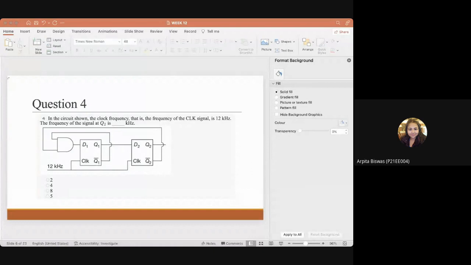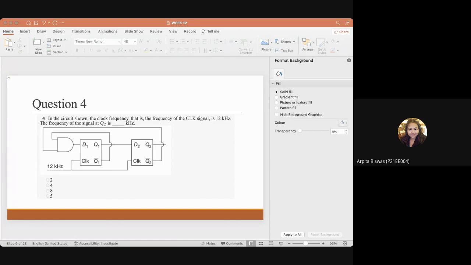Hello. Yes, tell me, ma'am. What is the right answer? Ma'am, I don't have a correct idea on this question. You have to find out how many modes there are, and then you have to find out the output frequency from it.